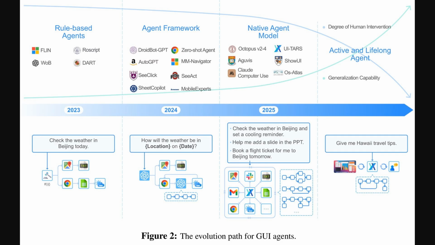Okay, so building on that idea of UI-TARS being an end-to-end model, this next figure, figure 2, kind of zooms out to show the bigger picture. It illustrates the evolution path the researchers see for these GUI agents. It starts back in 2023 with simpler rule-based agents, moves through the agent frameworks we mentioned, like those using GPT, and then gets to these native agent models like UI-TARS around 2025.